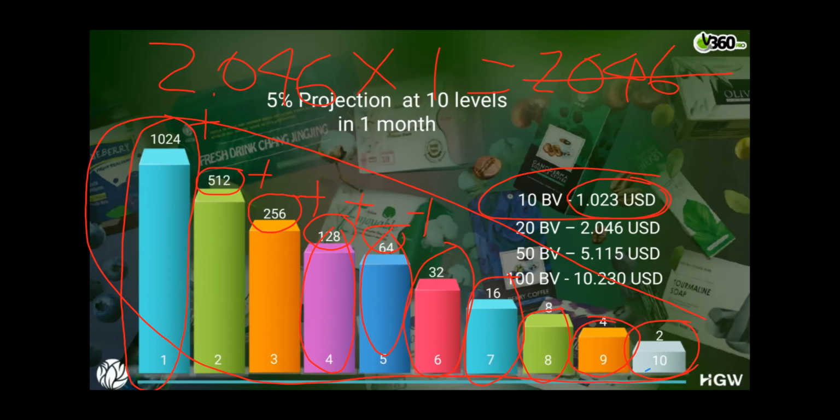Now imagine if your network makes personal purchases of 10 BBs. Now your bonus is the double.